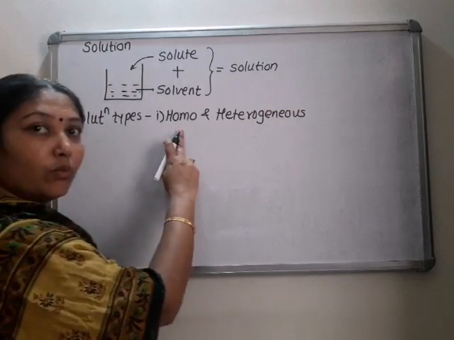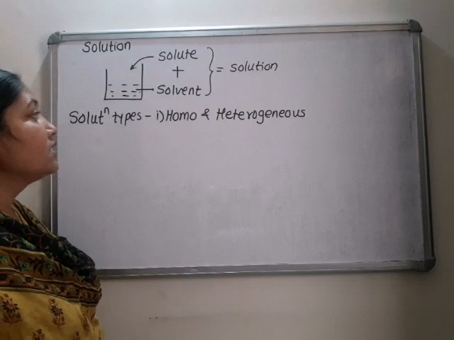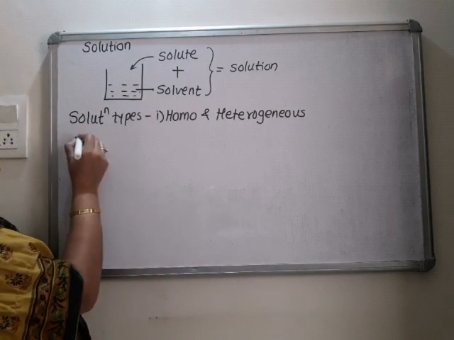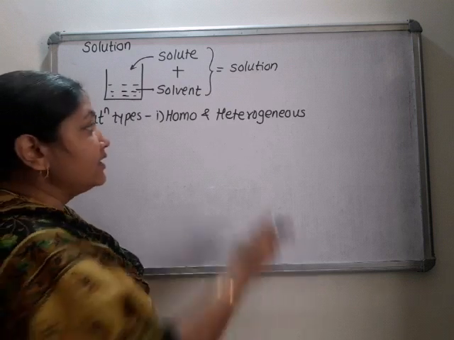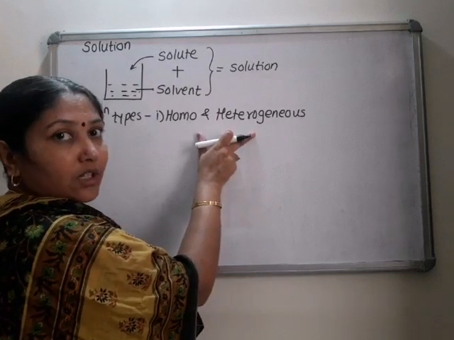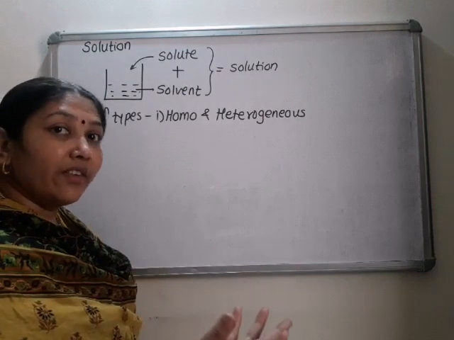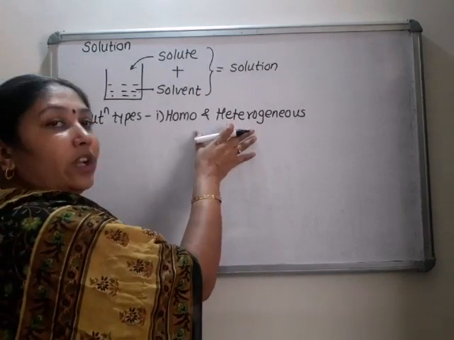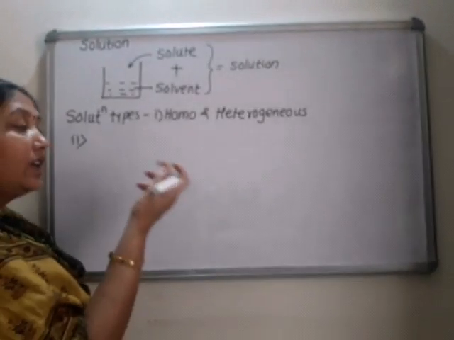Homogeneous is a uniform mixture of two or more substances. Heterogeneous is a non-uniform mixture of two or more substances. This is depending upon uniformity, whether the solution is uniform or not, found in a single phase or not. Accordingly, homogeneous and heterogeneous. Second type of classification is depending upon particle size.